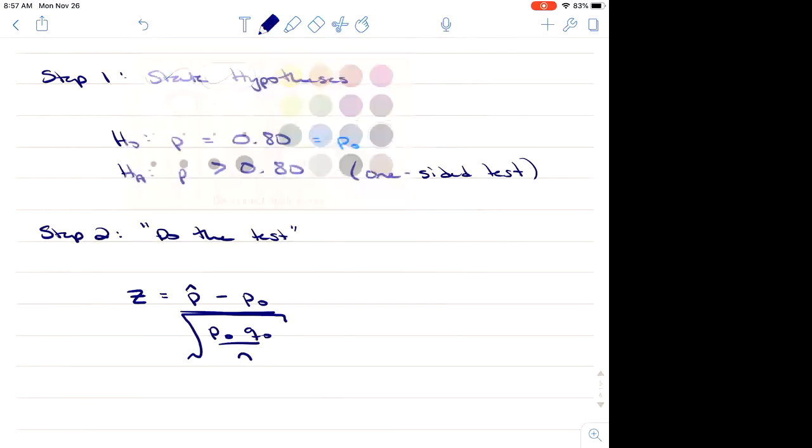So what's fun about proportions is how little information you need to do this calculation, right? You only need P hat, which is your number of successes over your sample size, but that's it, right? And then you need your hypothesized proportion, right? What are you comparing this proportion to? And then your hypothesized proportion pops up again.